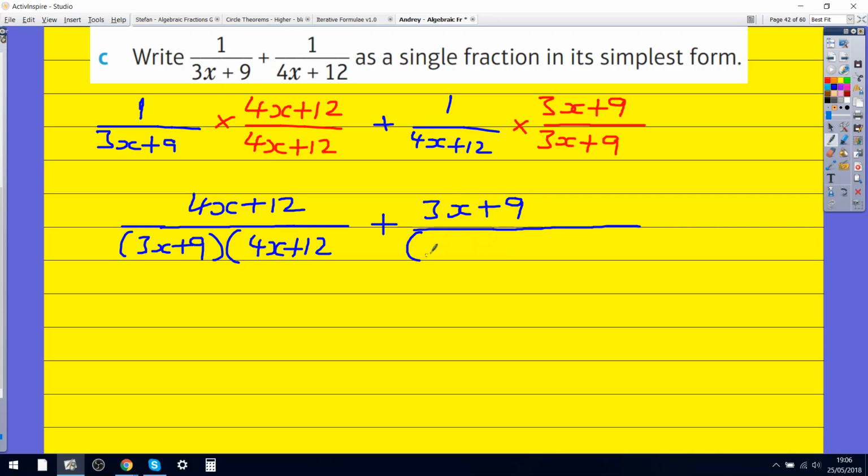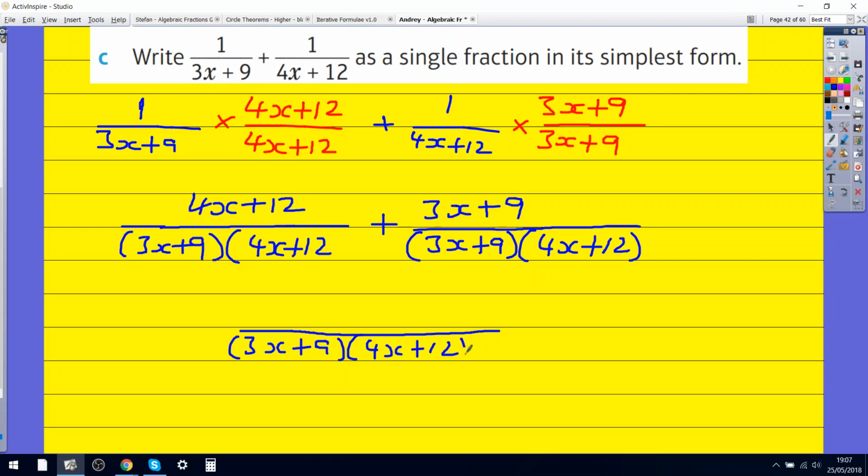Yeah. And what would be next? Can't we add the numerators together because we've got the same denominator? Yeah. And then that would give us 7x plus 21.